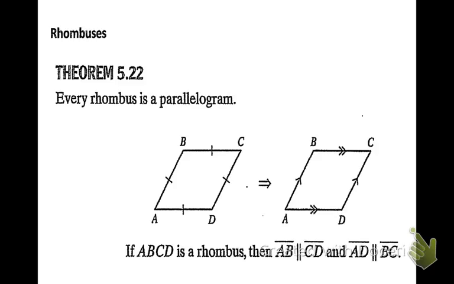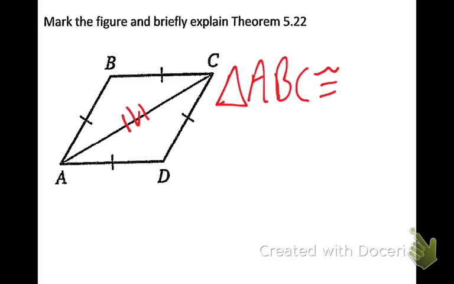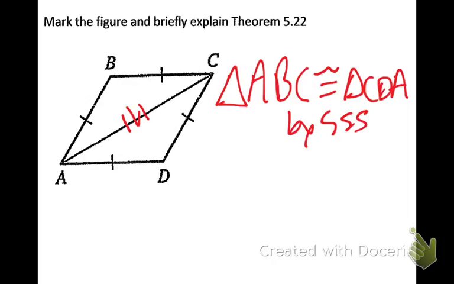So if we have a rhombus, we know the opposite sides are parallel. Here's an explanation of that. We would say that the two triangles are congruent by side, side, side. They share side AC. So we would say triangle ABC is congruent to triangle CDA by side, side, side.